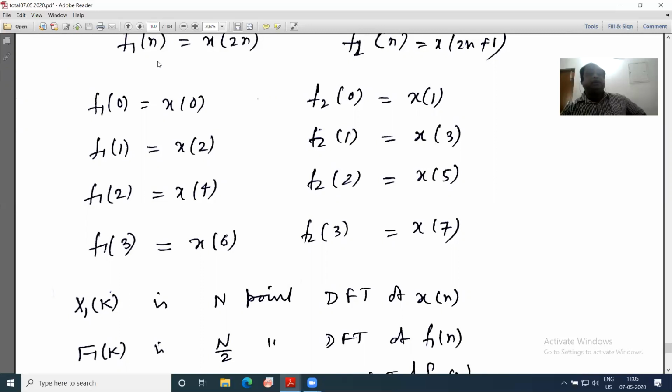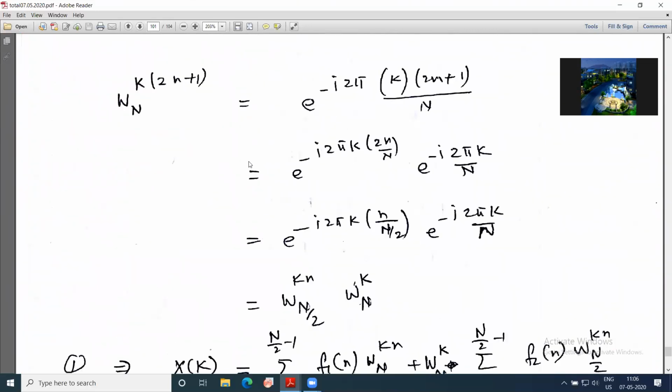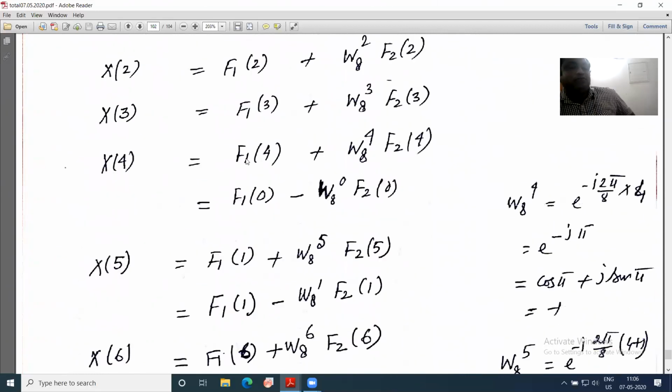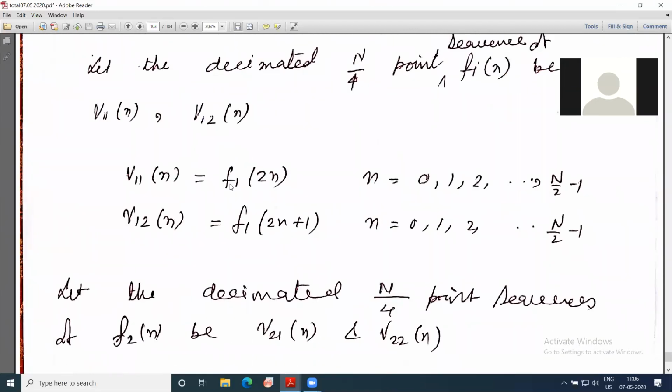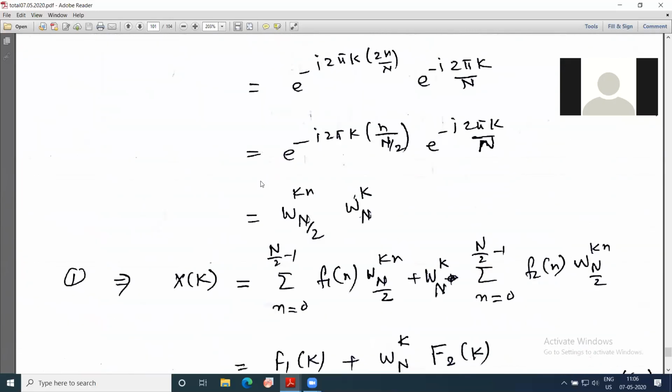Therefore, V11 of 0 is equal to F1 of 0, that is x of 0, and V11 of 1 means F1 of 2, which means x of 4. So what are the points of V11 of n? x0 and x4.